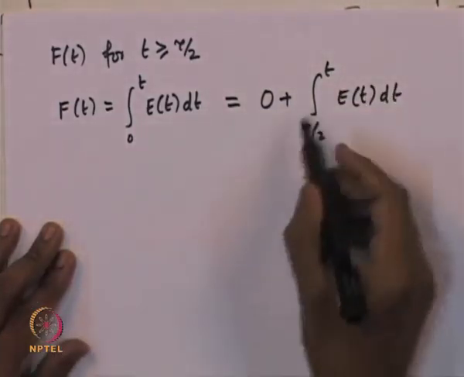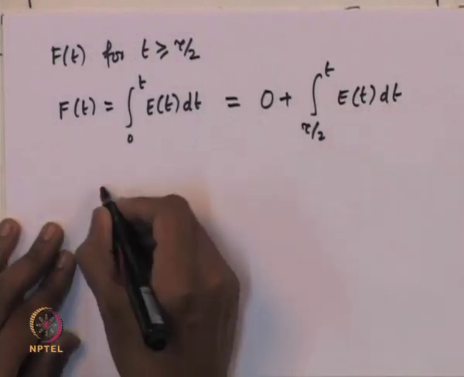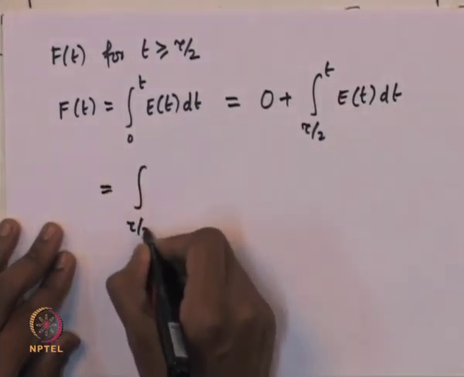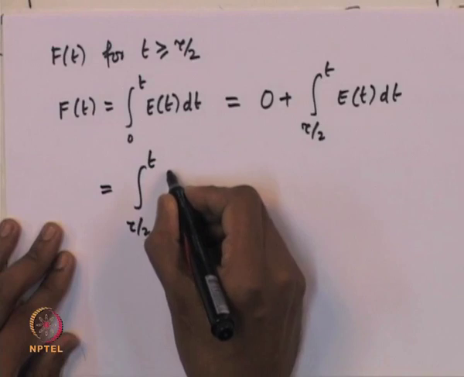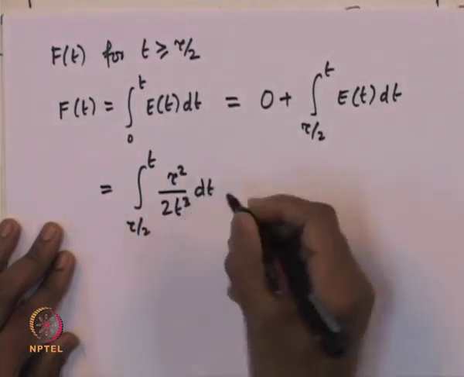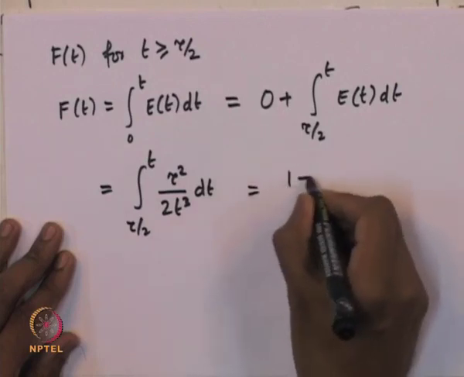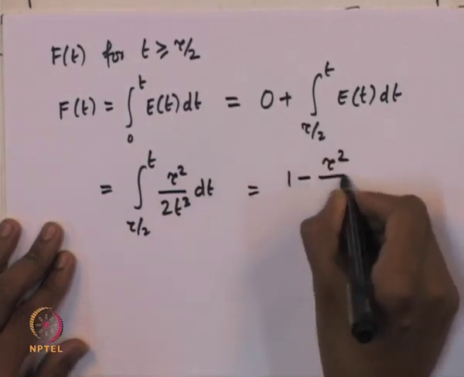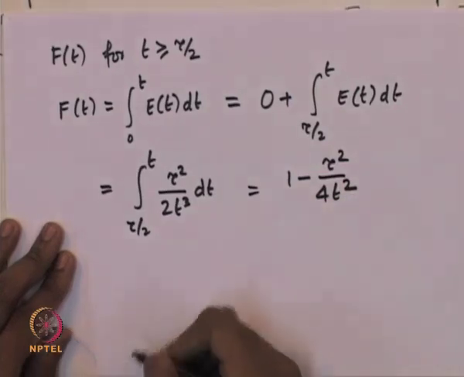Now plugging in the expression for E of t, this is equal to the integral tau by 2 to t of tau square by 2 t cube dt, and on integration one would find that this will be equal to 1 minus tau square by 4 t square.